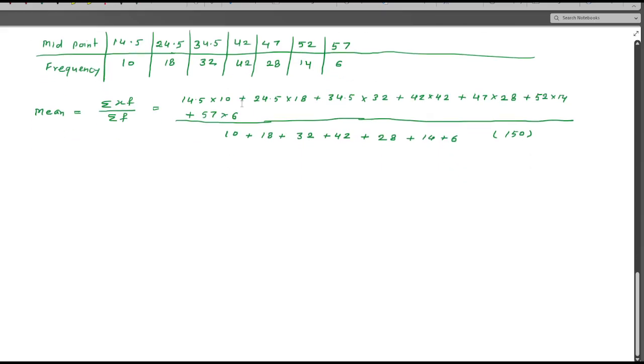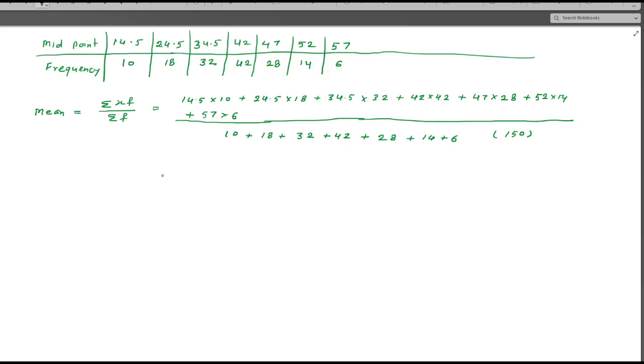Now let us calculate it: 14.5 times 10 plus 24.5 times 18 plus 34.5 times 32 plus 42 times 42 plus 47 times 28 plus 52 times 14.